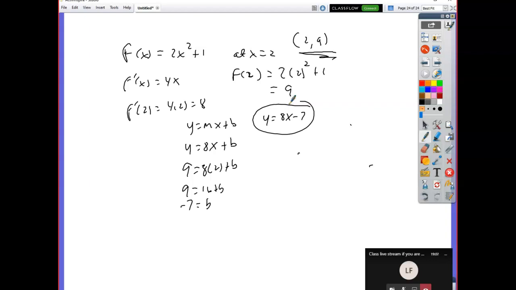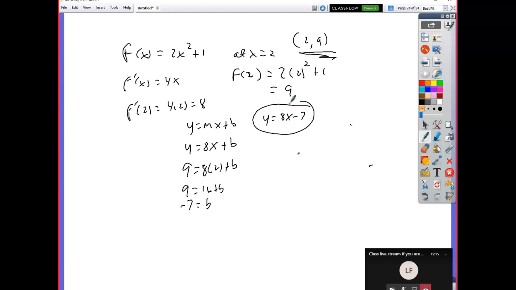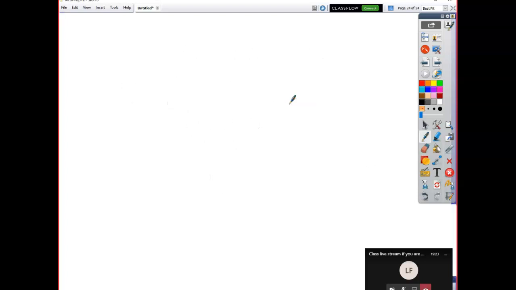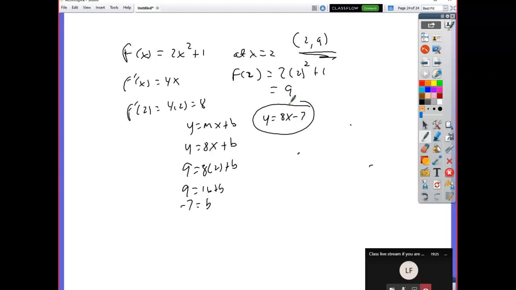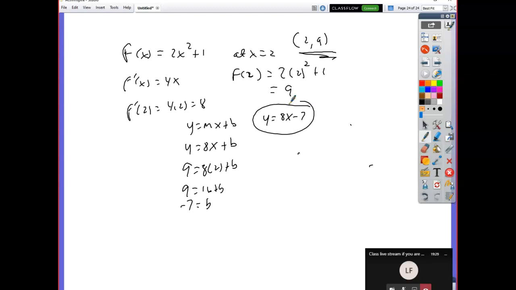Now, if this process works, we can check it by my eyeball on a graphing calculator. Mr. Davila, can you tell us how we might do that? Check to see if my line tangent actually is a line tangent by using my eyeball. Well, draw the curve, make the calculator draw my curve.